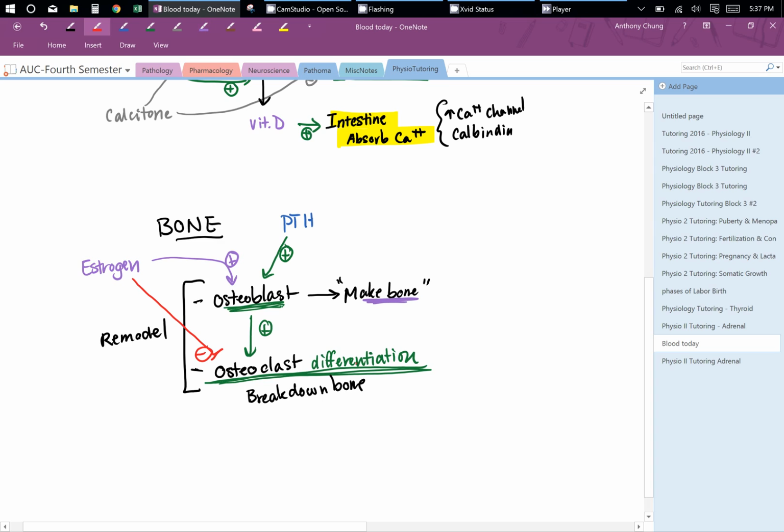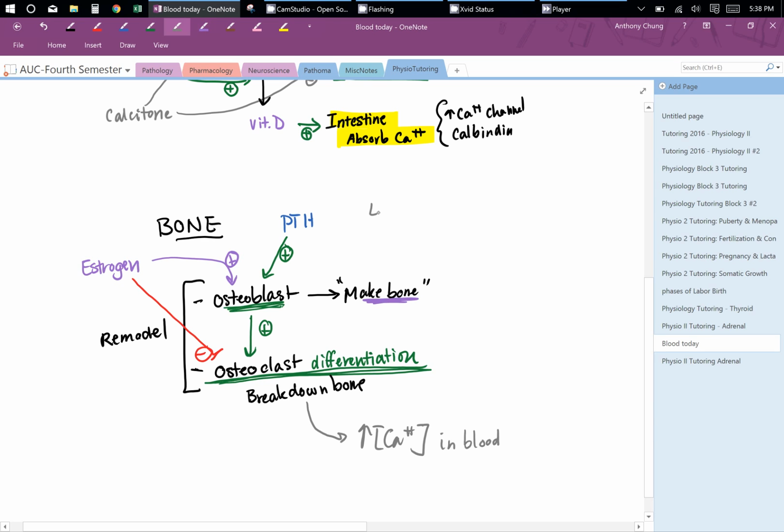So this is where the calcium is coming from. If you have osteoclast differentiation, it's going to break down bone, and then it's going to increase calcium level in the blood. So this is the action of PTH and how it's fixing that low calcium situation.